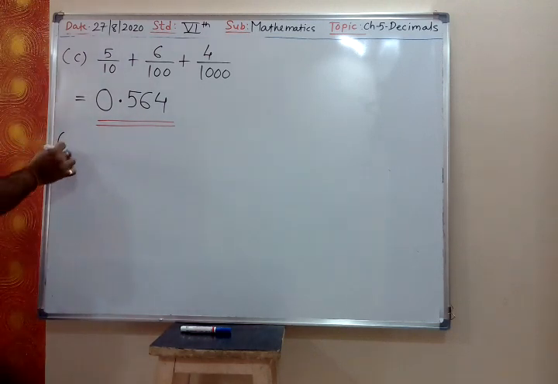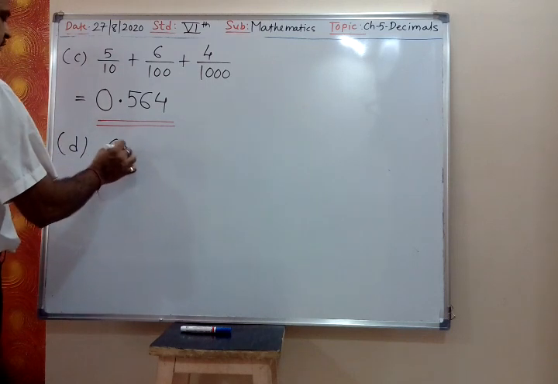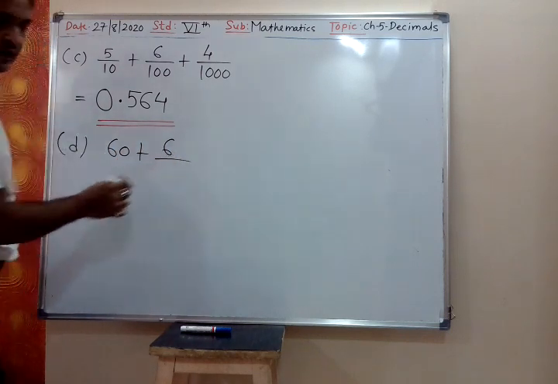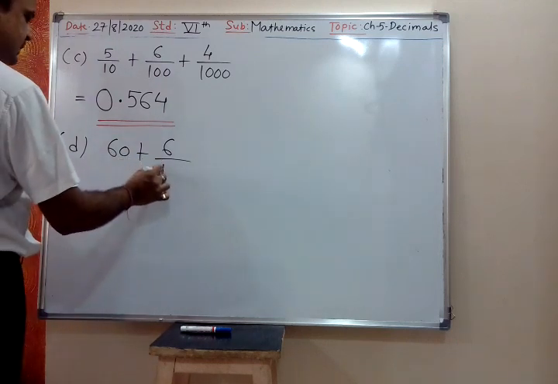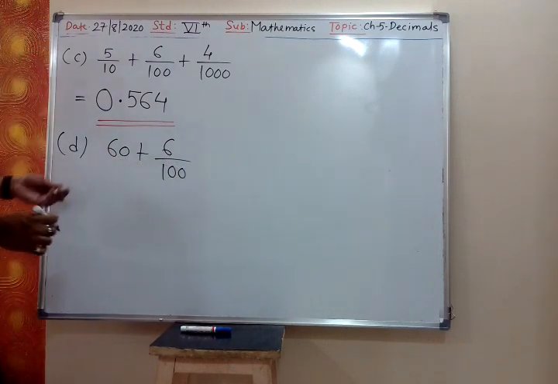Now D: 60 plus 6 upon 100. Now this is 60.